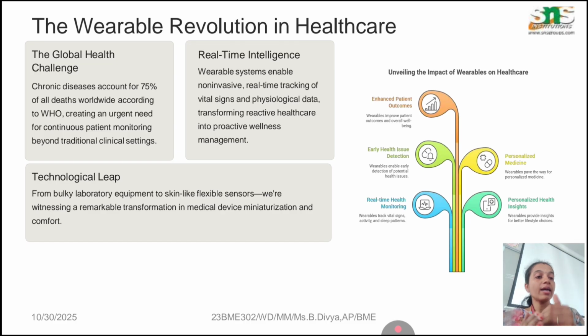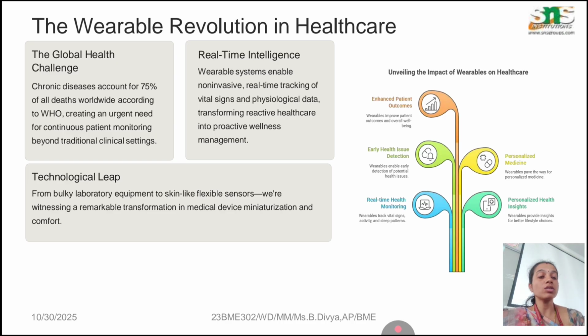If the data is in a normal range, it can be set aside, and if it is in the abnormal range, it can be taken into account and treated accordingly. This is the real-time intelligence.